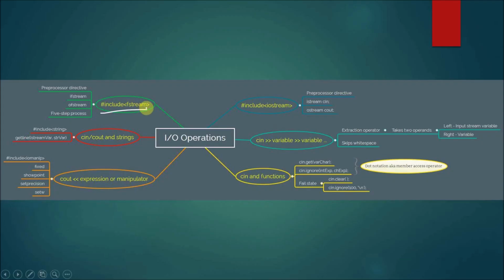And include fstream. Now, so far what we've been doing is we've been inputting and then outputting information, inputting via standard keyboard and outputting via standard monitor.